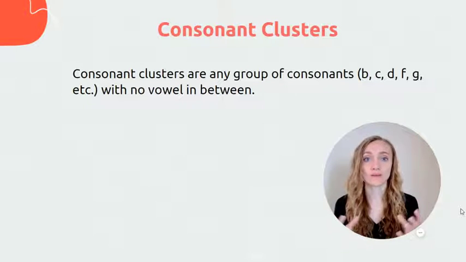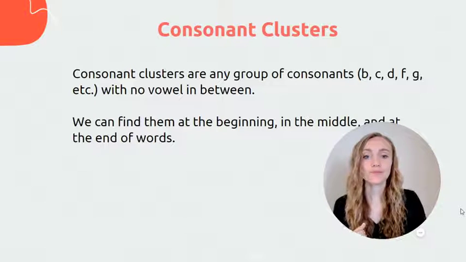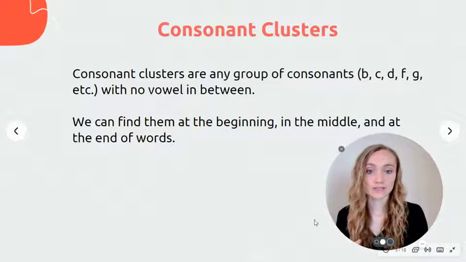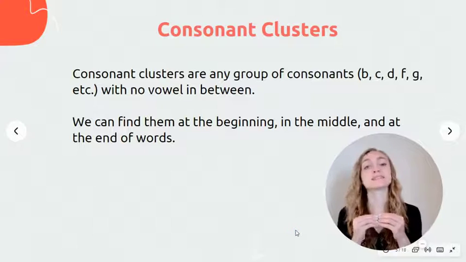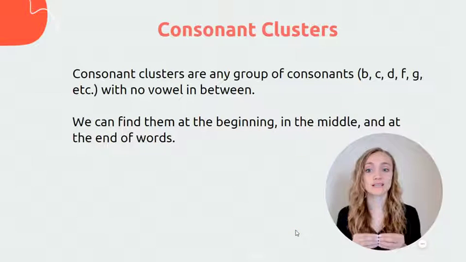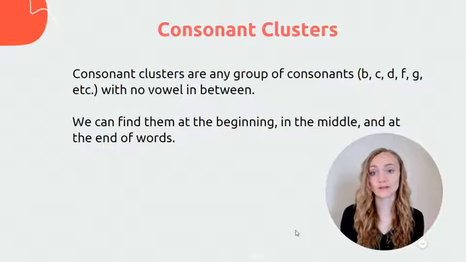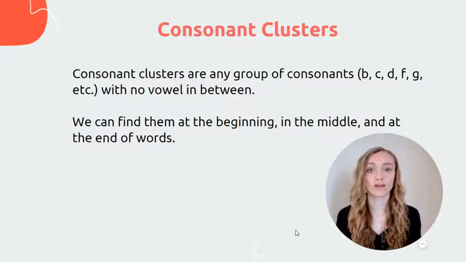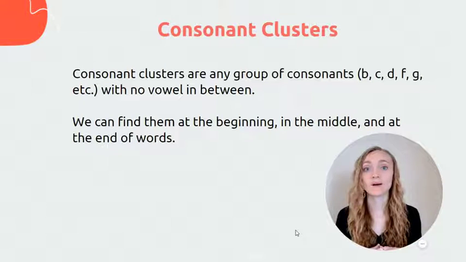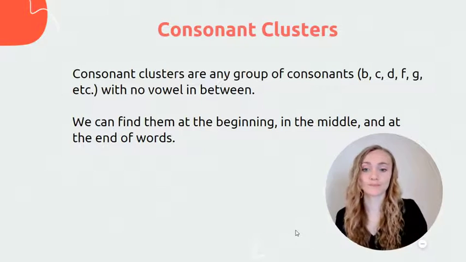We are just talking about consonants, okay? So these clusters or groups of consonants together in spelling and pronunciation, we can find them at the beginning of a word, in the middle of a word, or at the end of a word. So they can be in various places. They can show up anywhere.